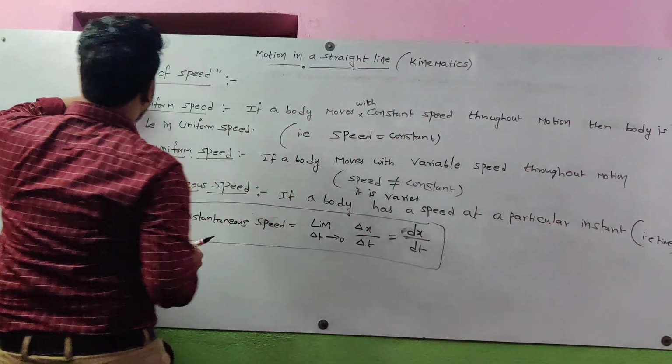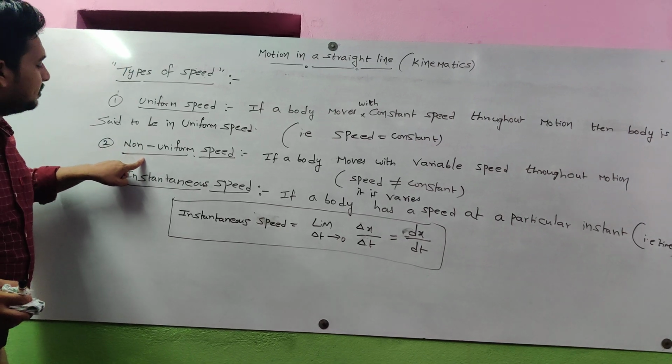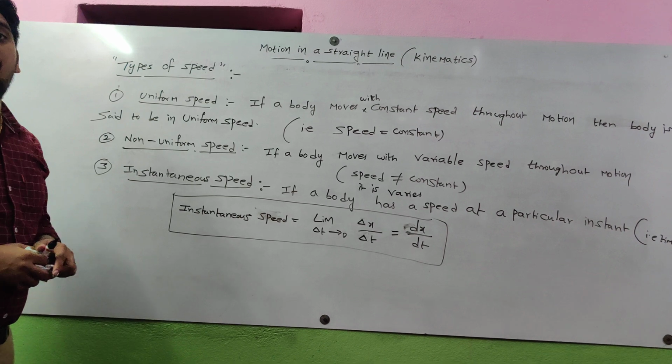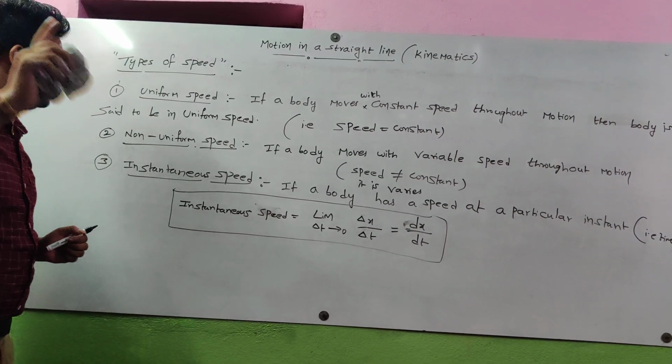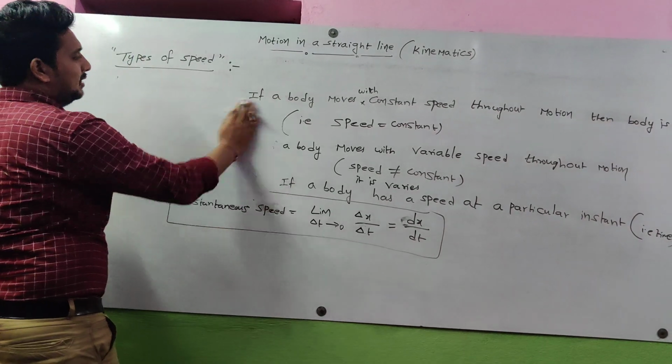So first, types of speed. First one is uniform speed, another one is non-uniform speed, third one is instantaneous speed, fourth one is average speed. This is very important for solving problems. Please be focused. The fourth one is average speed.